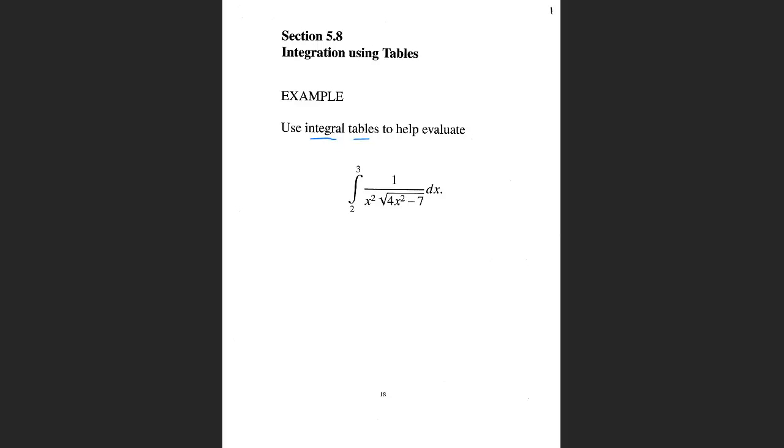Okay, so we're using integral tables to help us evaluate this definite integral. We need to find the antiderivative for 1 divided by x squared times the square root of 4x squared minus 7.